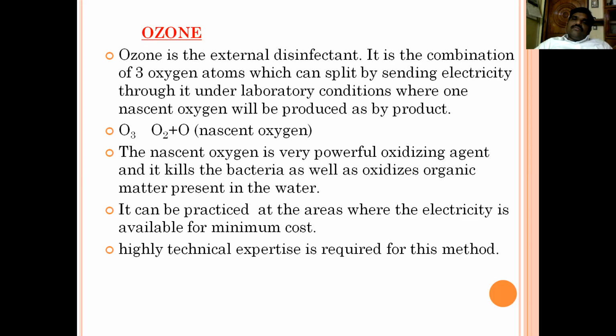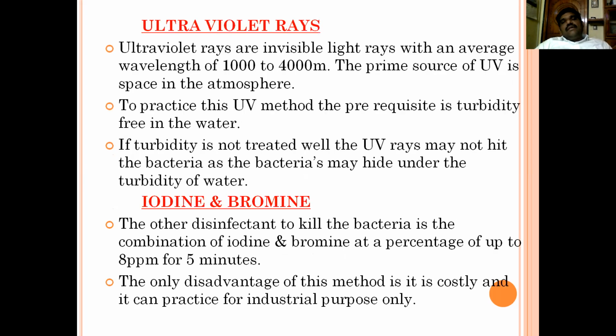Whereas in ozone, we have seen it is cost effective because it works with electricity and is adaptable in areas wherever electricity is available at minimum cost. Ultraviolet rays, we can adopt this method for water whose turbidity is less.